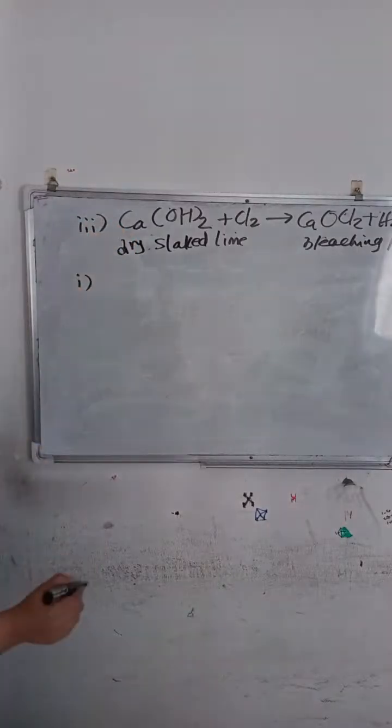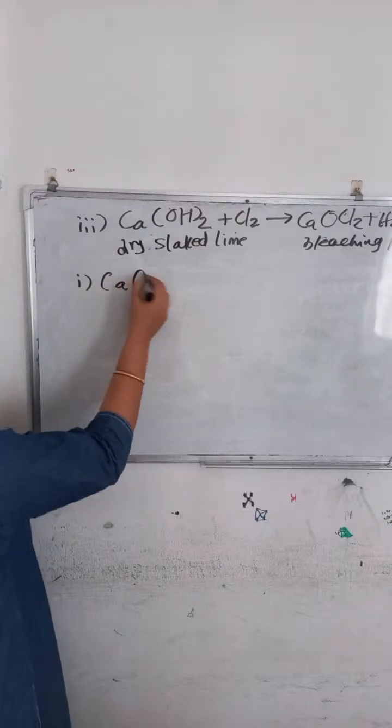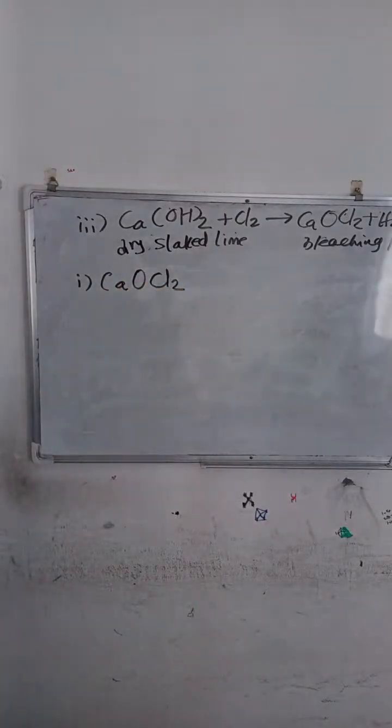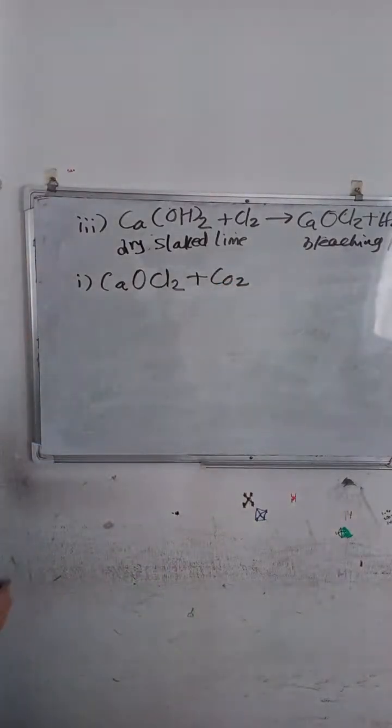Now we are writing the first part. What they are asking: bleaching powder is kept open in the air. Bleaching powder is CaOCl2, this is the formula for bleaching powder. And when bleaching powder is kept open in the air, that means it reacts with carbon dioxide.